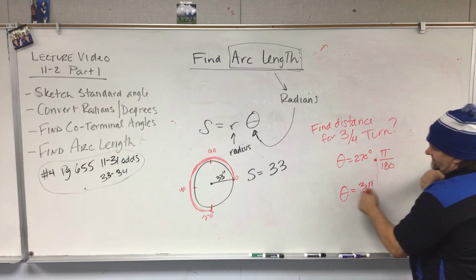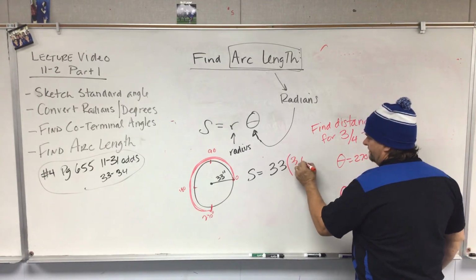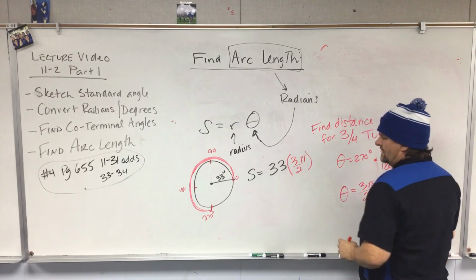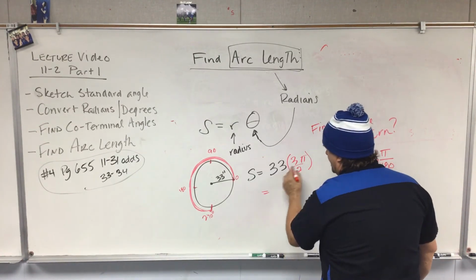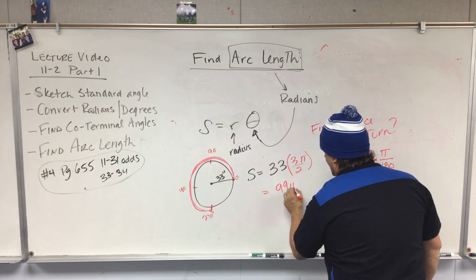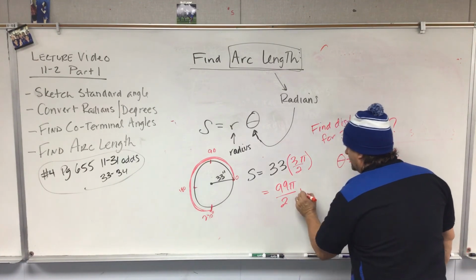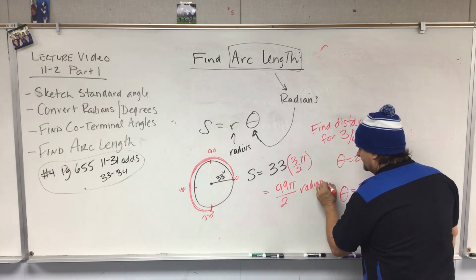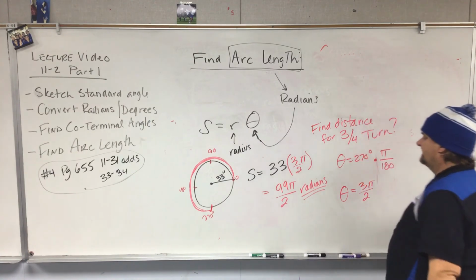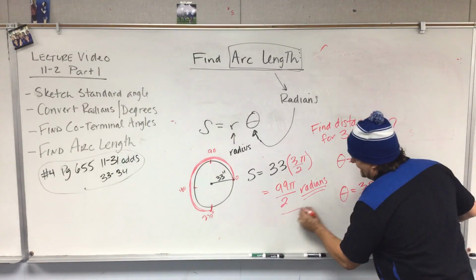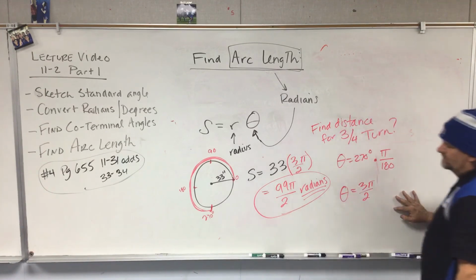3 pi over 2 goes right here. And I get 99 pi over 2 radians. That's how far it traveled. It traveled 99 pi over 2 radians.